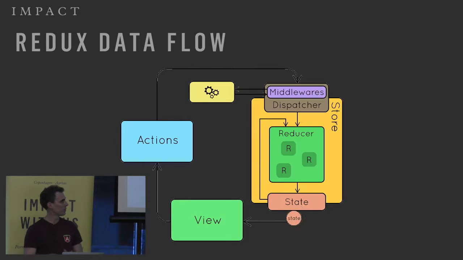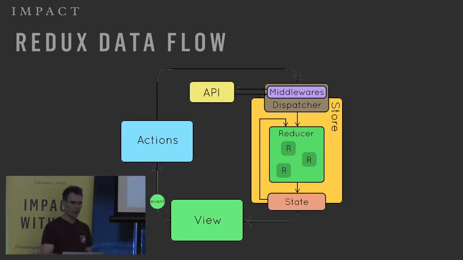The view part of this animation is the application and the container for your application that interacts with Redux. And what happens here is the view sends an action to the store, and the action seeks to describe what's going on in the view.